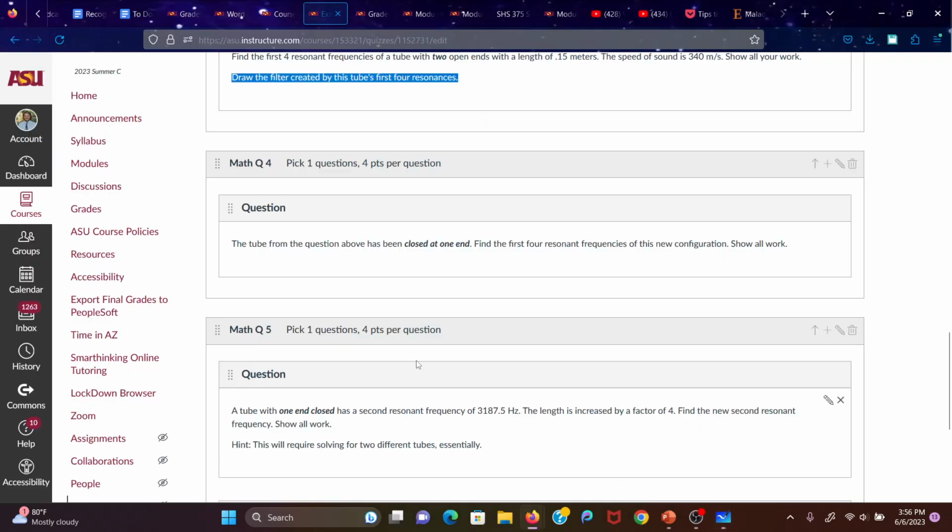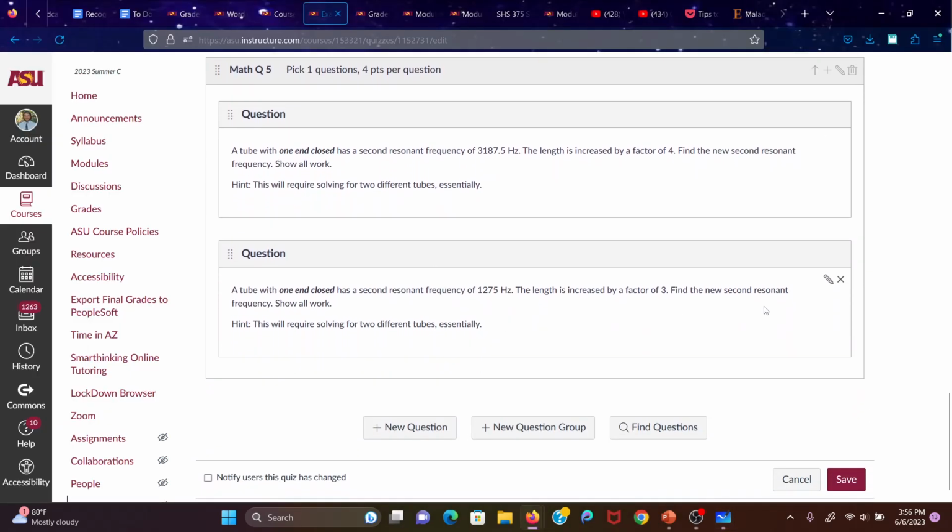The last question is, a tube with one end closed, so I actually should have left the formula that I got rid of, has a second resonant frequency of either 3187.5 or 1275, depending on which question you got. The length is increased by either a factor of 4 or 3, and what I want you to do is find the new second resonant frequency.